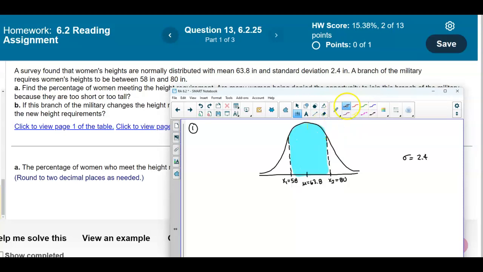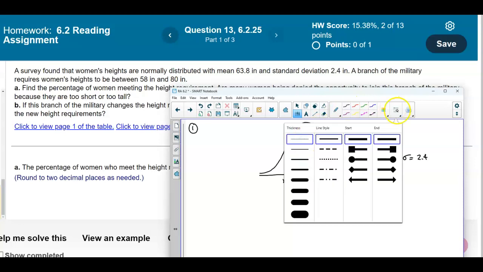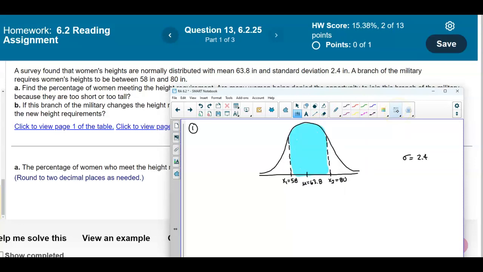So in order to do that, we want to first find their z-scores. So we want to find the z-score for x1, which is 58. We know that the mean is 63.8, and the standard deviation is 2.4. So to find z-score 1, we take x1, subtract the mean, and then divide by the standard deviation.